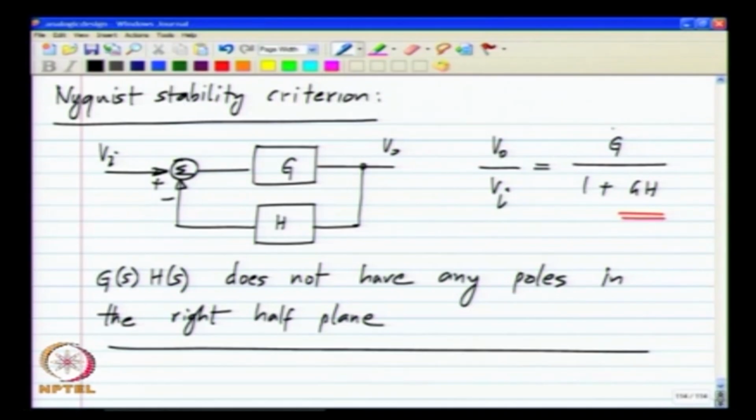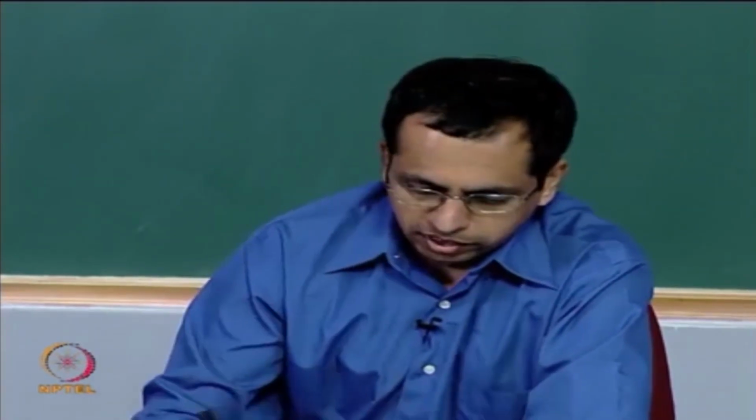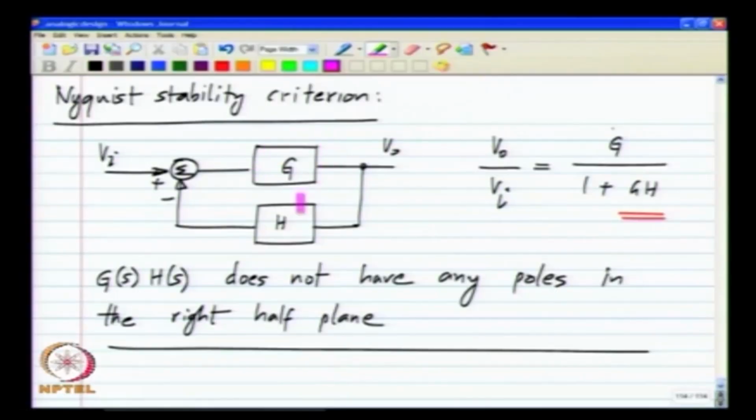Now, of course, the generalized Nyquist criterion can be applied even in that case, but for us typically what happens is you design the loop gain itself to be stable. It is not that you will start with an unstable system here, unstable system there, and then try to make a stable amplifier around it. You will start with G of S H of S which does not have poles in the right half plane. Okay. So, we will make the simplifying assumption because then the condition is simpler to state.